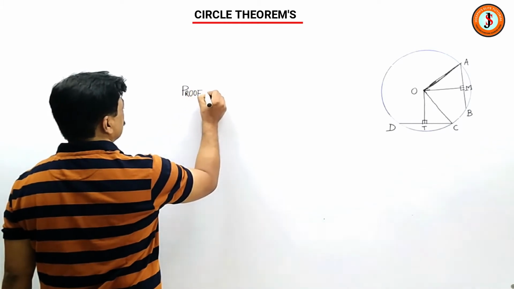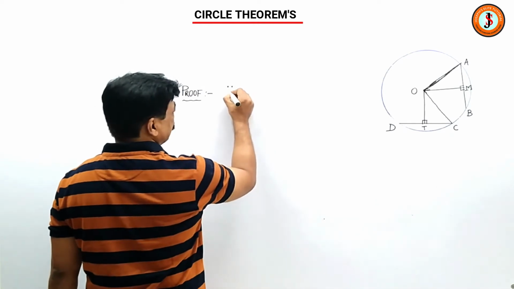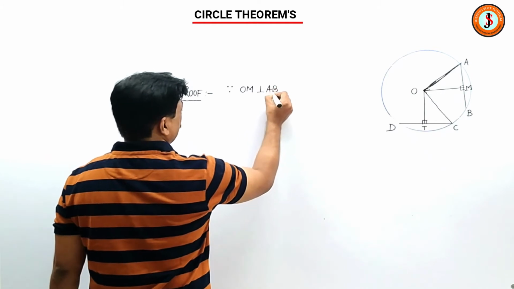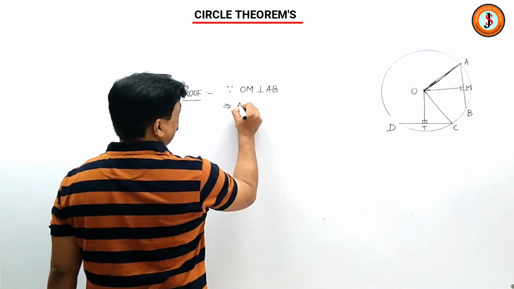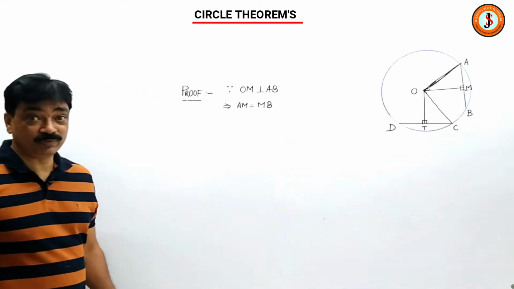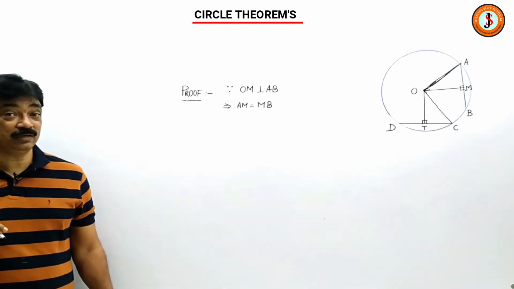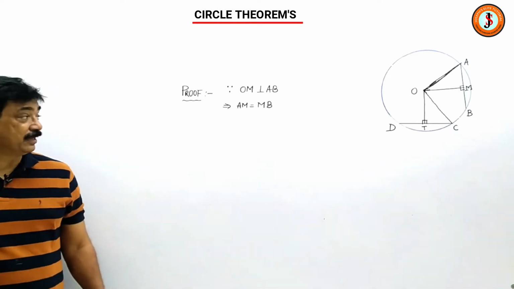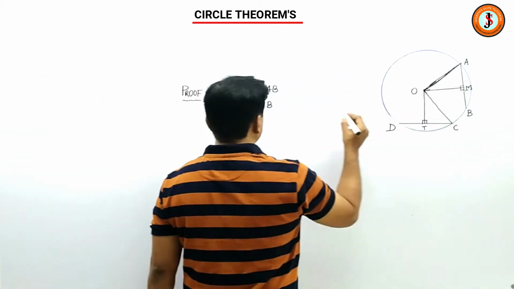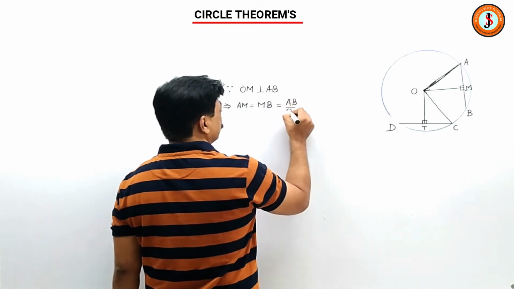Now here we have to act smart. First thing is, since OM is perpendicular on AB, this implies that AM is equal to MB. Why? Just now in the previous theorem we studied that the perpendicular from the center on a chord will bisect that chord. That means each will be equal to half of the original chord.